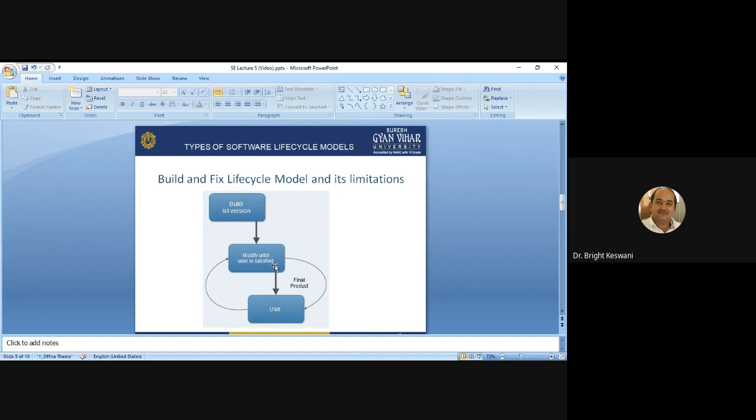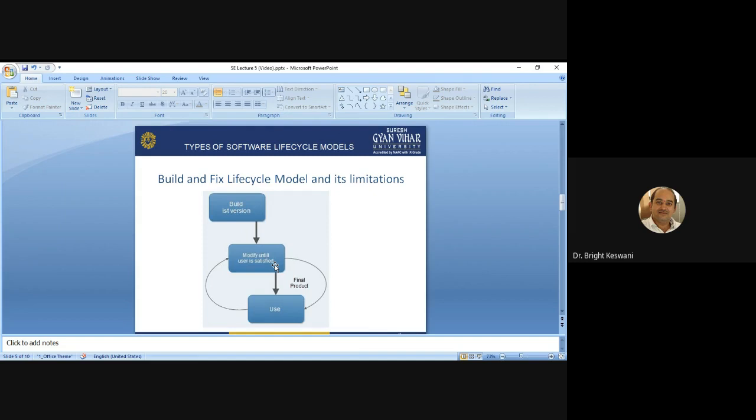There are some limitations of this lifecycle model. This approach may work well on problems having about 100 or 200 lines, but is totally unsatisfactory for products of any reasonable size. So you cannot use it when your product size is too big.